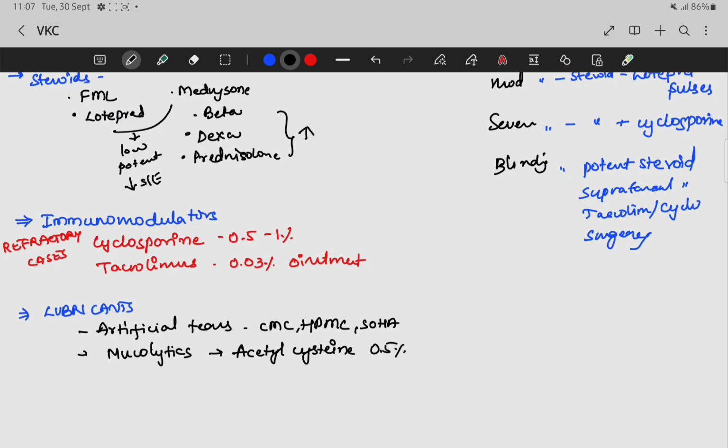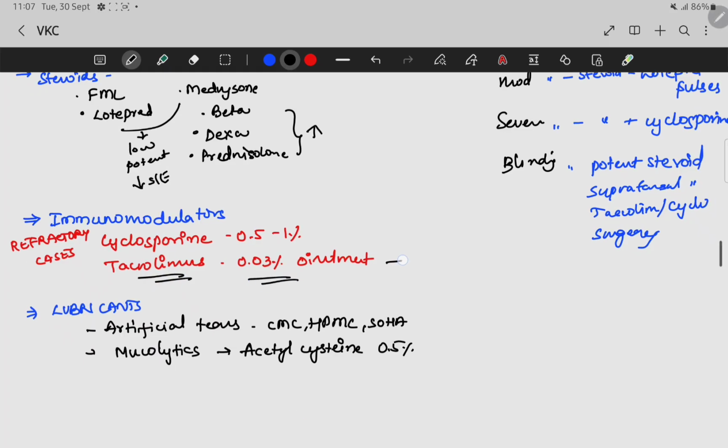Cyclosporine is relatively safer. So we have to reserve tacrolimus for refractory cases, and it should not be used before the age of 2 years. Whereas cyclosporine can be used and it has to be freshly prepared in the form of eye drops.